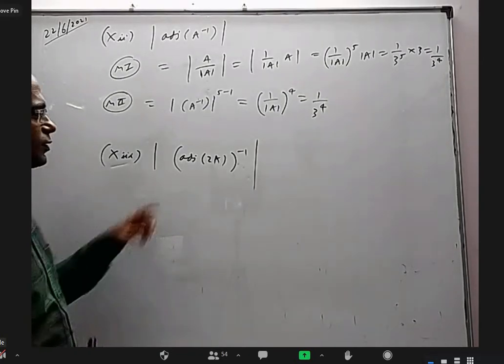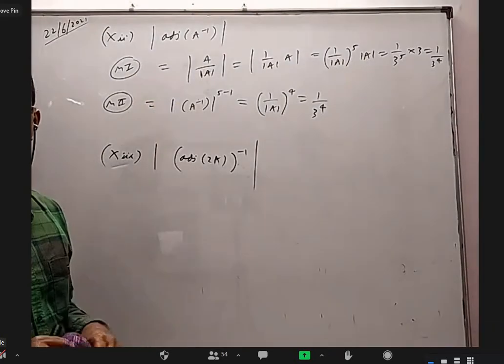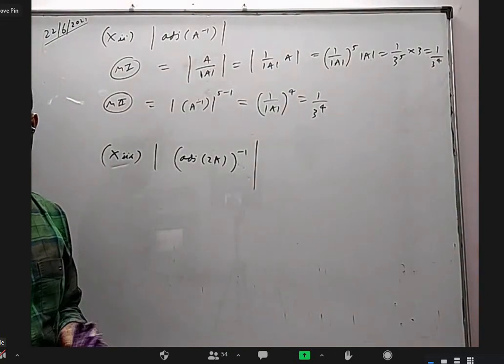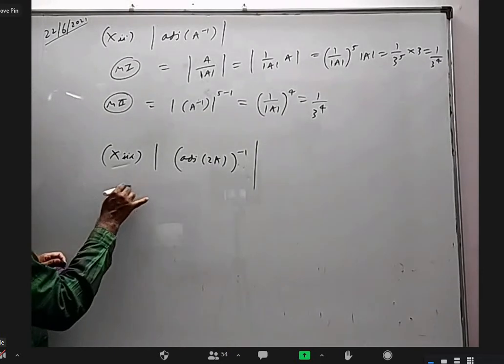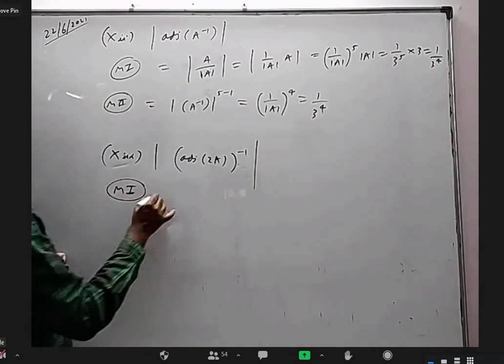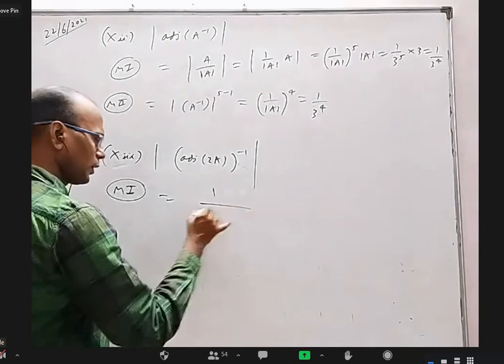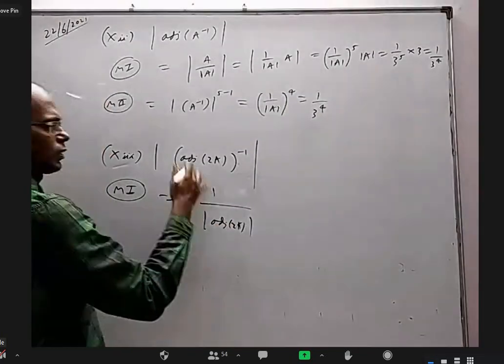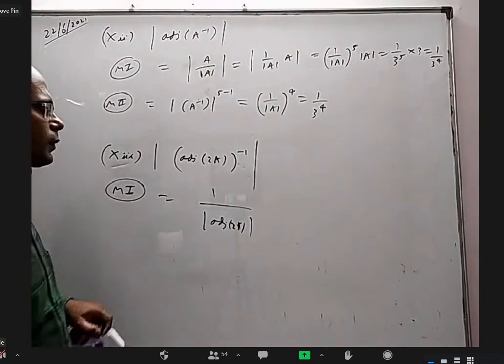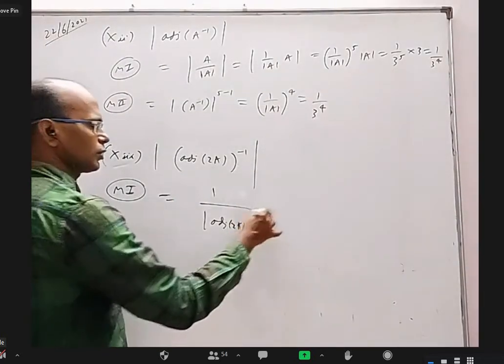Okay. That is because you are using directly one of the results that we have done in the previous question, sir? One of the results gave 2 power 20 into 3 power 4. You can directly write this as 1 by det of adjoint 2A. Det of A inverse is 1 by det A, right? And det of adjoint 2A you have already done.